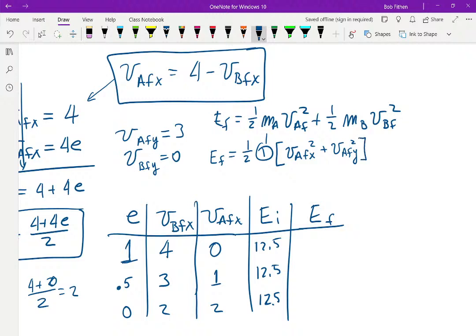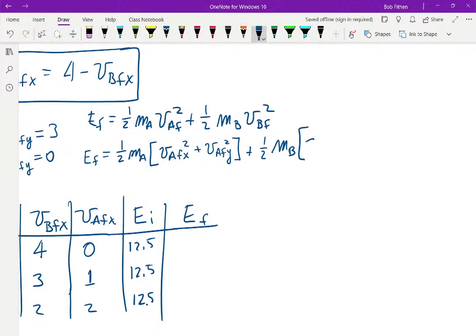Because you take the square root of these two, you get back VA final. So in fact, that's the case. 1/2 MB, I'll go back and put MA because I'm using symbols right now, VB final X squared plus VB final Y squared.